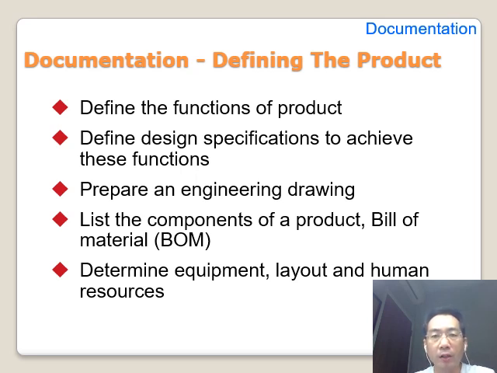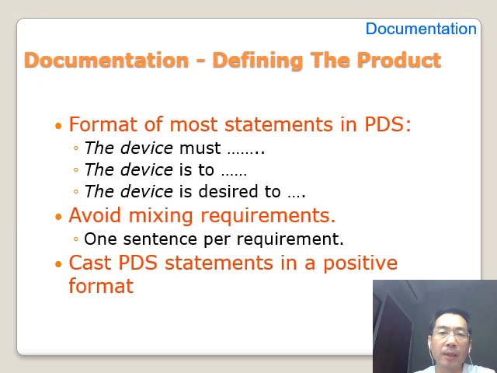So prepare an engineering drawing for this product so you can refer to it in future. List the components of the product, that is a BOM, and determine the equipment layout and the human resources related to this product design.